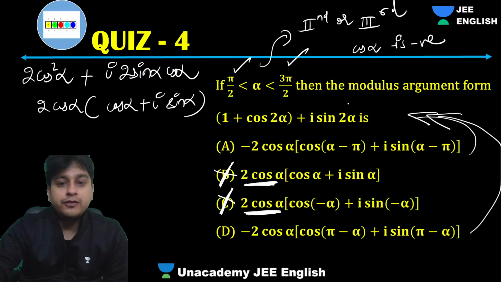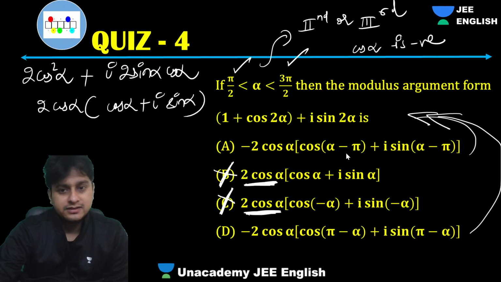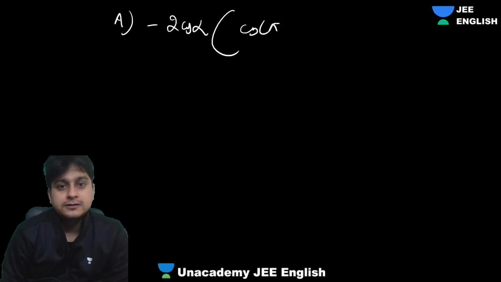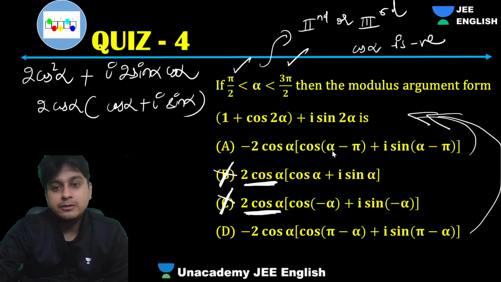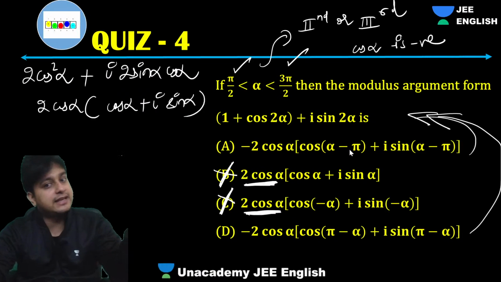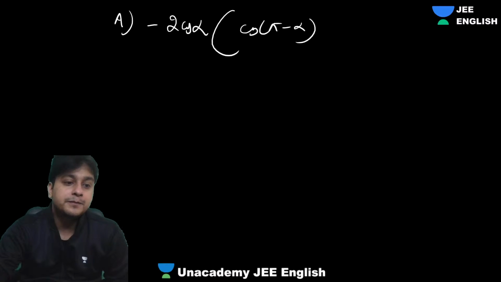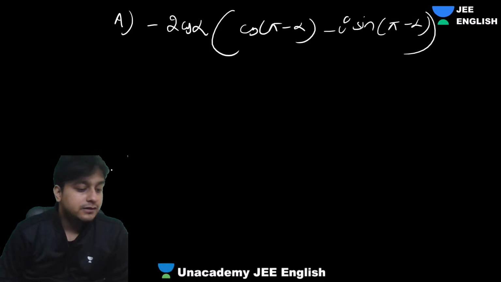So if you look at the first option, it is coming as minus 2 cos alpha, cos of alpha minus pi. Can I say cos of alpha minus pi will be the same as cos of pi minus alpha, because cos of minus x is cos of x? And sine of alpha minus pi will be minus I sine of pi minus alpha, right?